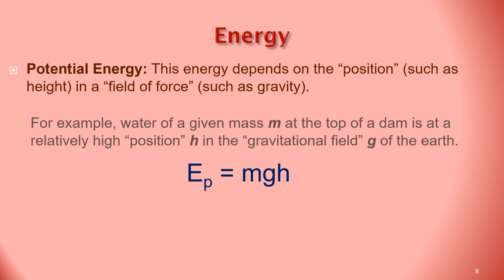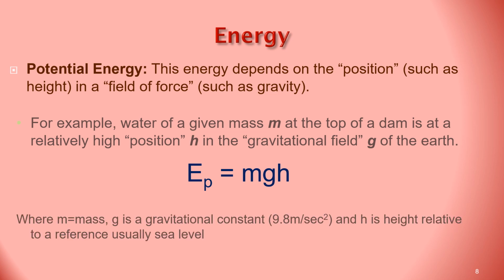And so to find the potential energy, it's equal to this equation, mgh, where m is mass again, G is that gravitational field, which I said is a constant, and h is the height. And again, what you want is units that are standard. So we want height in meters, we want mass in kilograms.